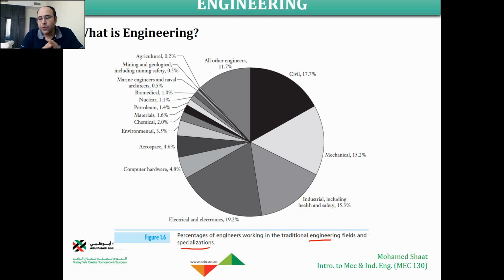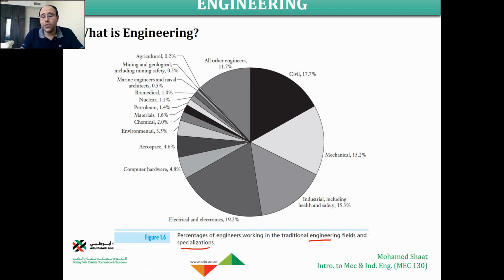Almost half the courses of mechanical and industrial have the same common courses, although the way of teaching the course would be a little bit different from mechanical to industrial, depending on the background of the student and the program itself. But anyway, almost half the subjects are the same and common between mechanical and industrial engineering.